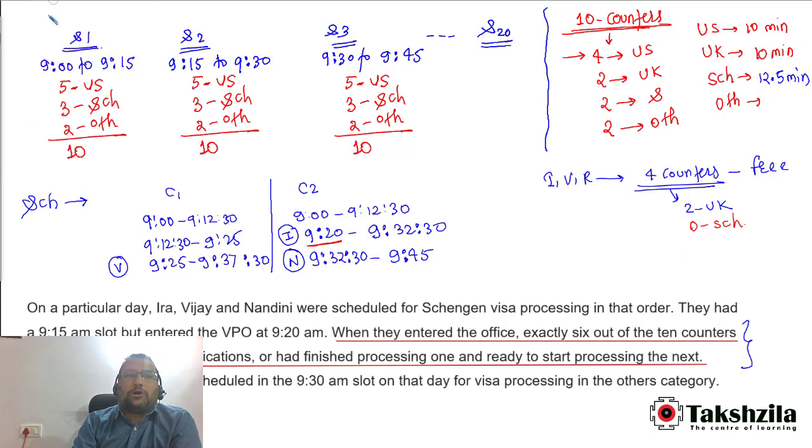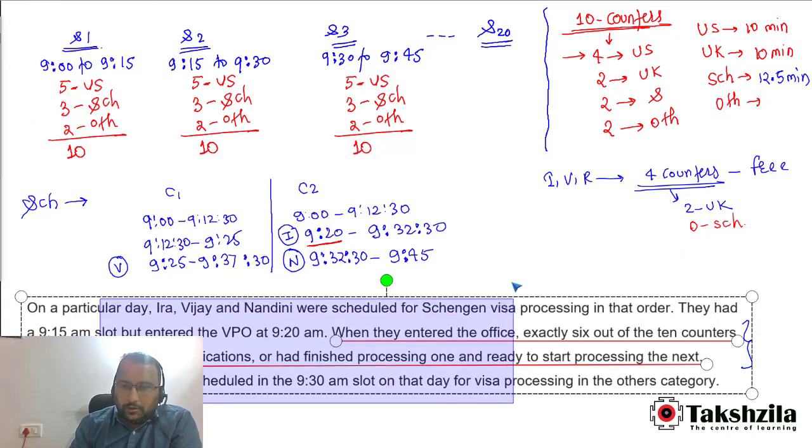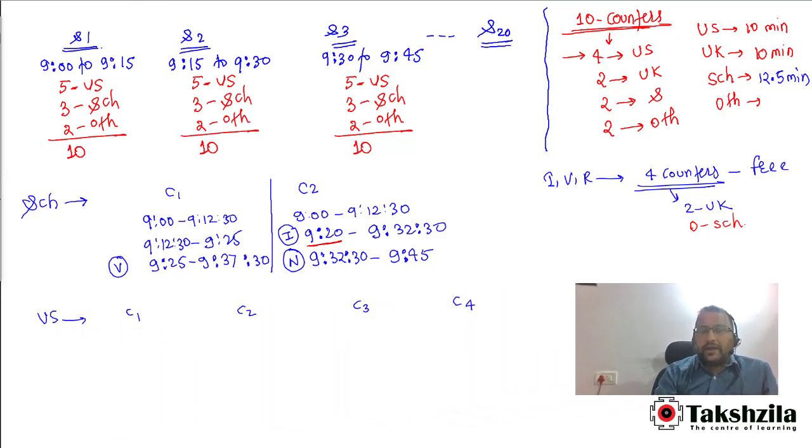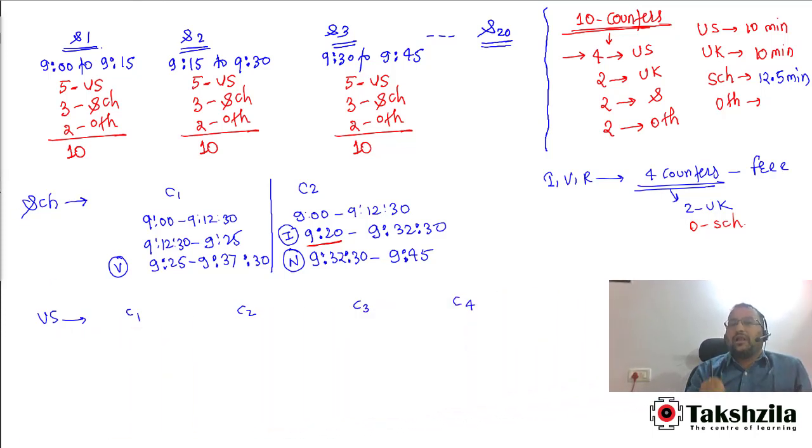So let's talk about US now. Let's make the same table for the US category. For US there are 4 counters, and in each slot there are 10 applicants. So with 4 counters, at 9 o'clock 5 applicants will arrive.